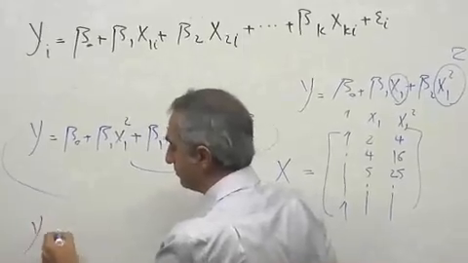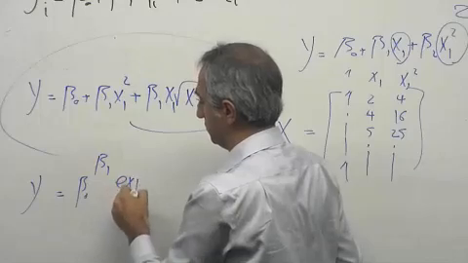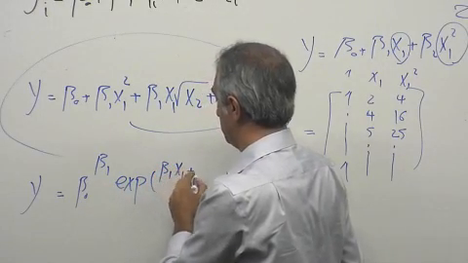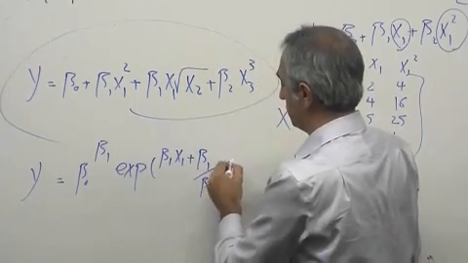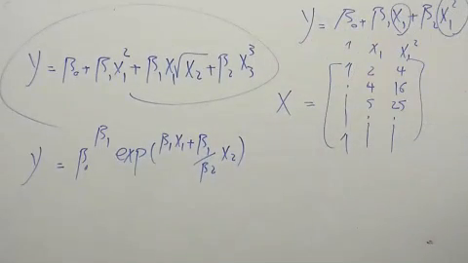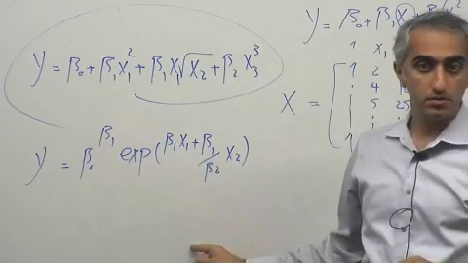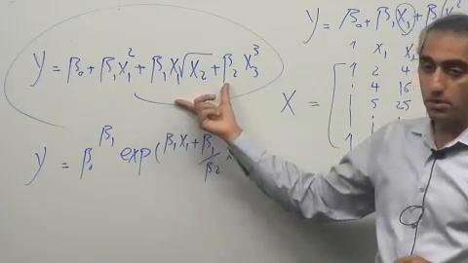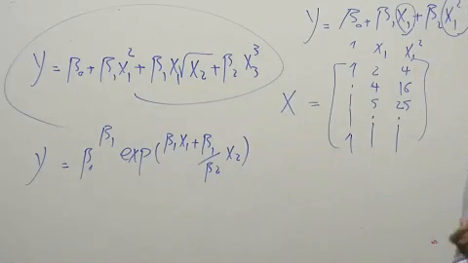This guy is nonlinear regression. Okay? Because it's nonlinear with respect to, again, betas. Does it make sense? Why don't we call this nonlinear regression? Because we can easily transform it to a linear regression without changing any structure.